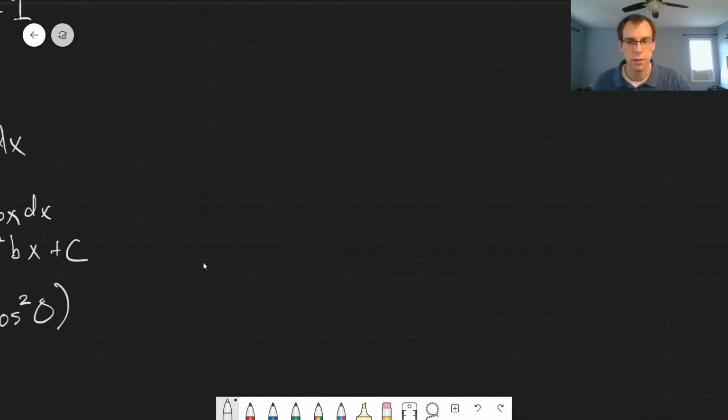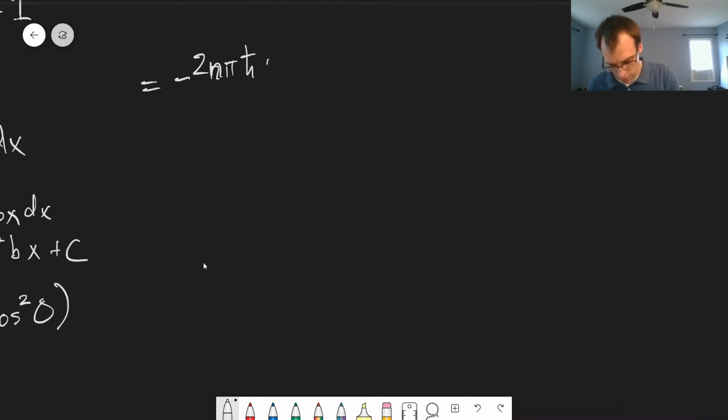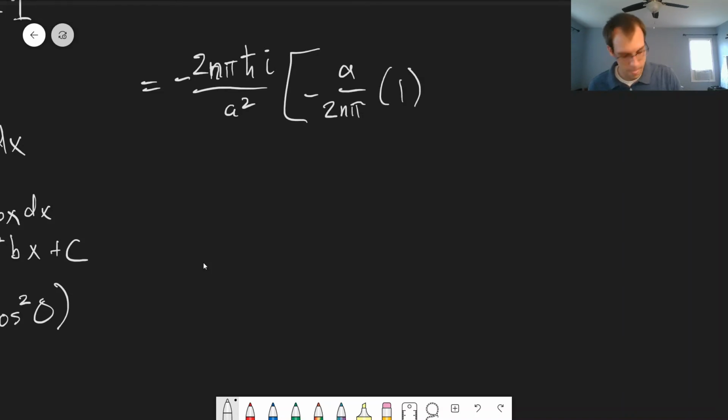I'll go ahead and scroll over here to give myself a little bit more space. If we take that, we'll get negative 2 n pi h bar times i over a squared, times minus a over 2 n pi times 1 plus a over 2 n pi times... sorry, not 0.